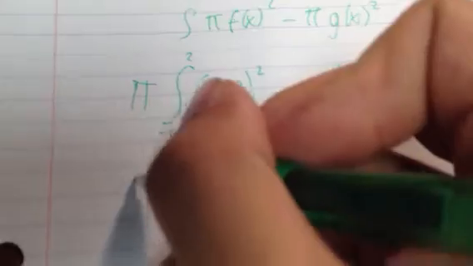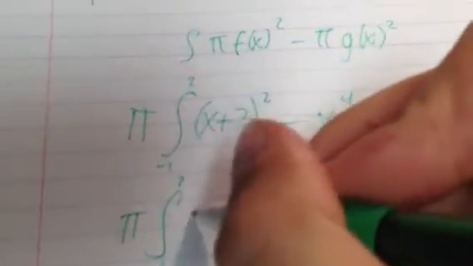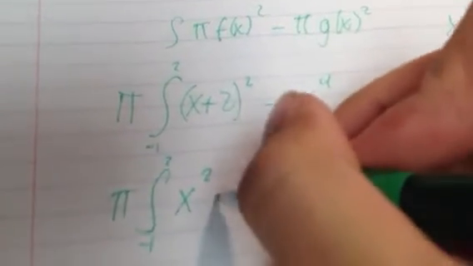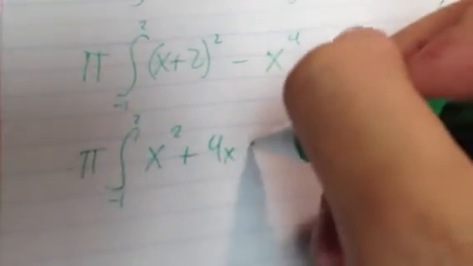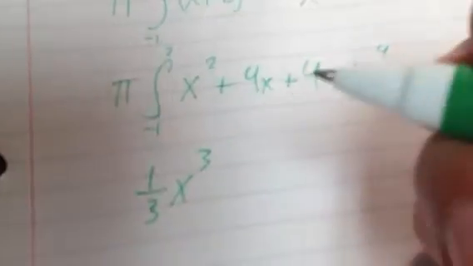Let's write it outside. Let's expand this function. Expand this integral. It's going to be x squared plus 4x plus 4 minus x to the 4th. And then we're going to write it down here. This is going to be, what is it going to be? A third x to the 3.